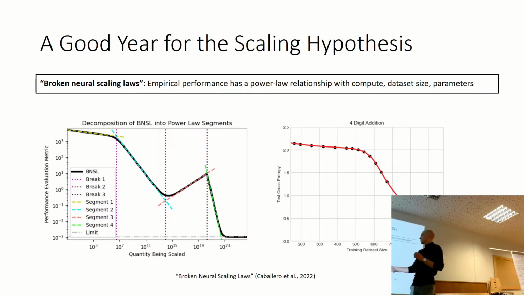So here you see that you take the loss, for example, and the loss decreases, then maybe it increases a little bit, but then it hits this break where suddenly, if you keep scaling, you get a significantly steeper slope where your loss decreases.